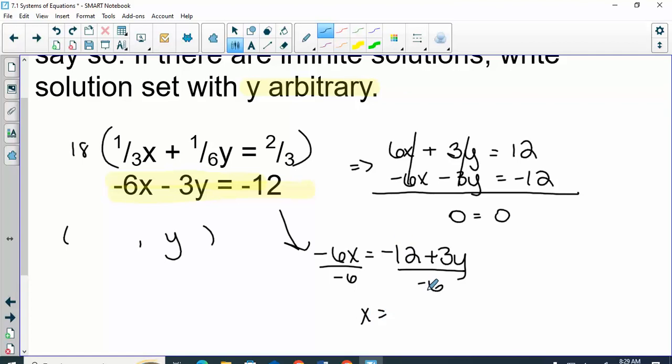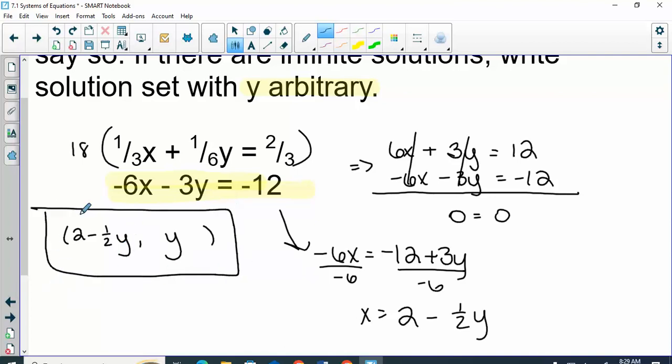Okay, so -12 divided by -6 is positive 2. 3 over -6 is negative 1/2. So for my x, I'm going to put 2 minus 1/2 y. So this describes every ordered pair that falls on this line.